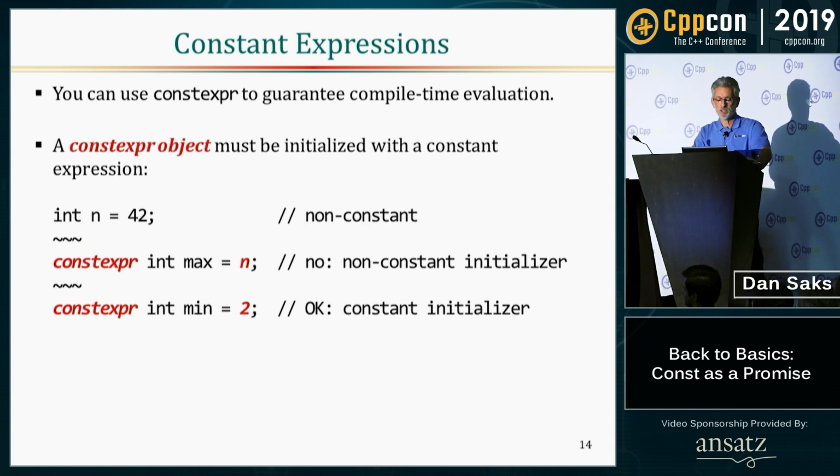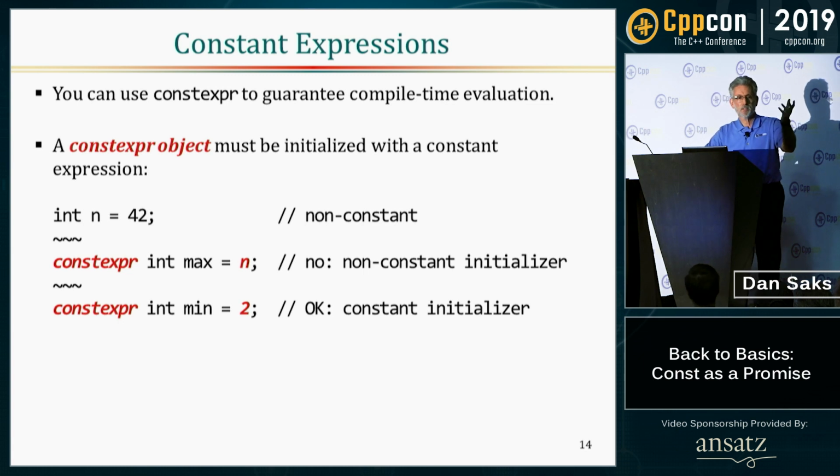So the resulting type, in this case, for example, on the last line there, min is a constexpr object. It's const, but the presence of constexpr there instead of const says, now give me an error if the initializer isn't a constant expression.